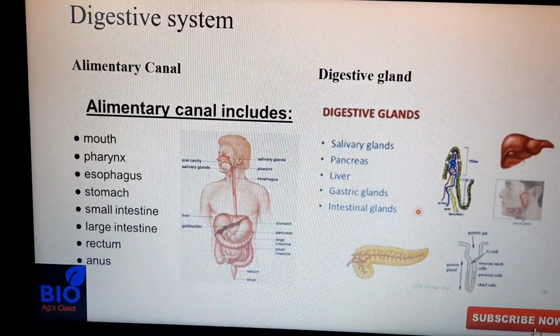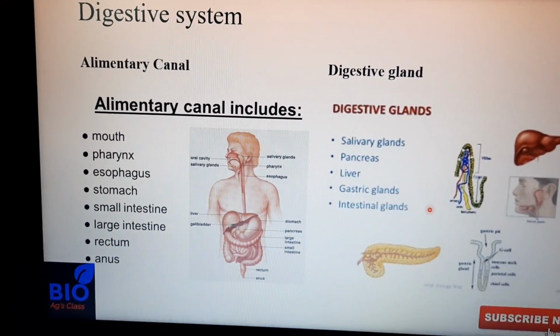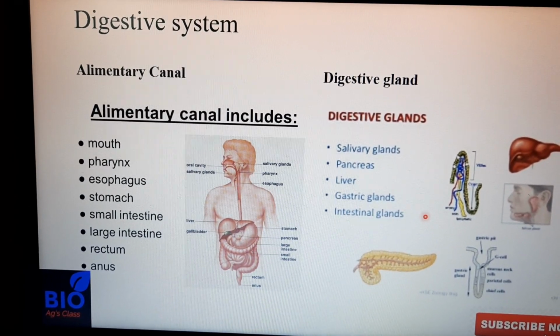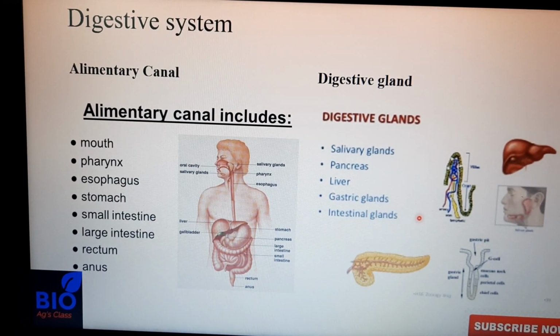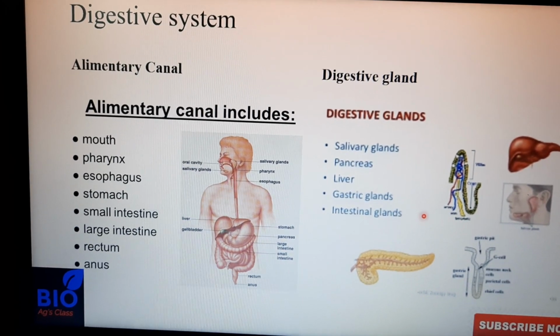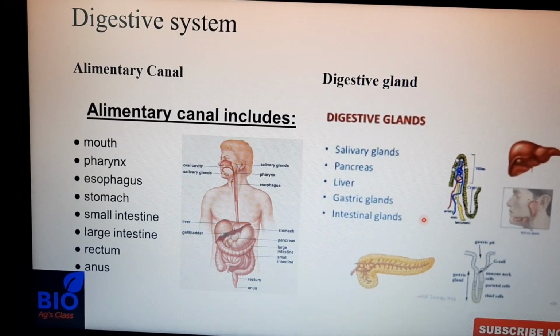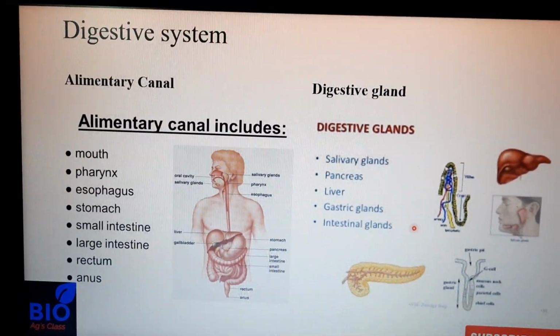The alimentary canal includes the mouth, pharynx, esophagus, stomach, small intestine, large intestine, rectum, and anus. Actually, the alimentary canal is a tube, or a canal, that starts from the mouth and ends in the anus. Okay, and definitely there is another part, that is the digestive glands.